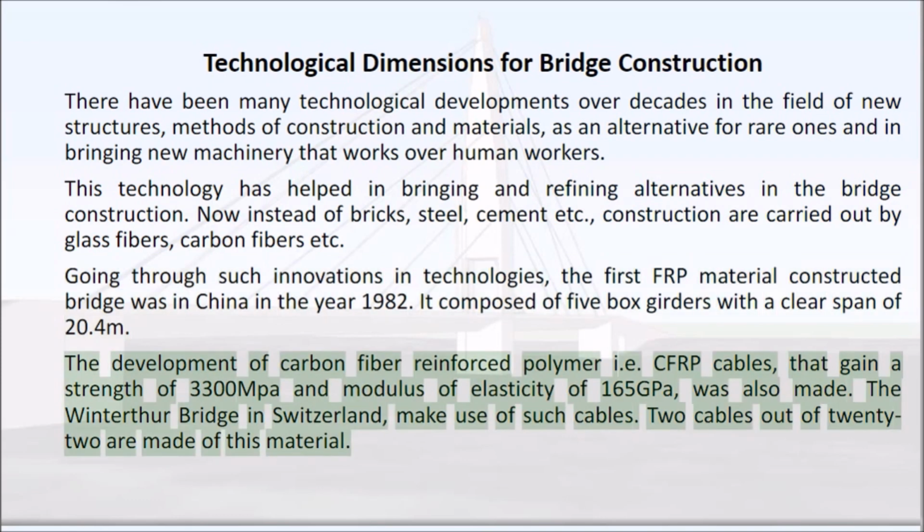The development of carbon fiber reinforced polymer CFRP cables, that gain a strength of 3300 MPa and modulus of elasticity of 165 GPa, was also made. The Winterthur Bridge in Switzerland makes use of such cables. 2 cables out of 22 are made of this material.